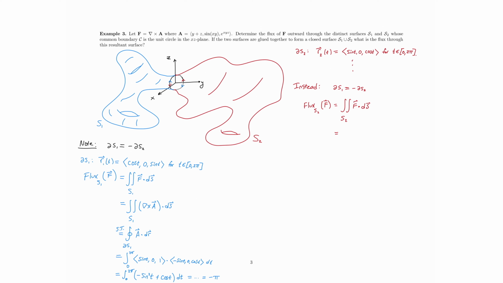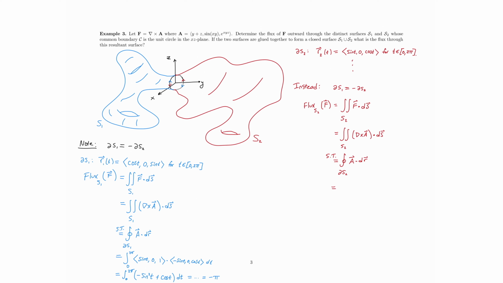We can replace in the fact that F is the curl of A. And then we can use Stokes' theorem to write this as the line integral around the boundary of S2 of A dot dr.